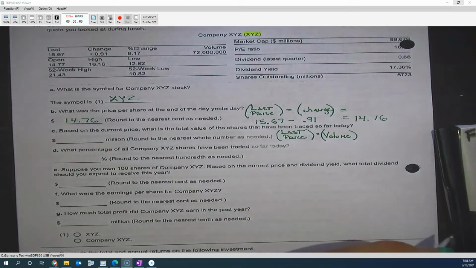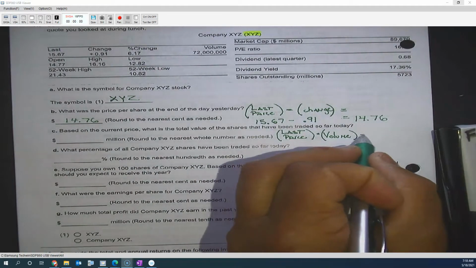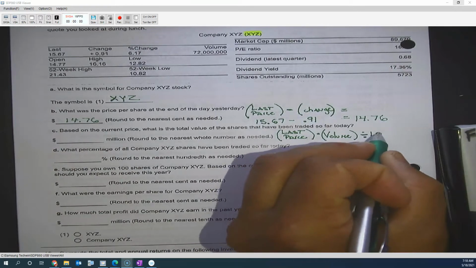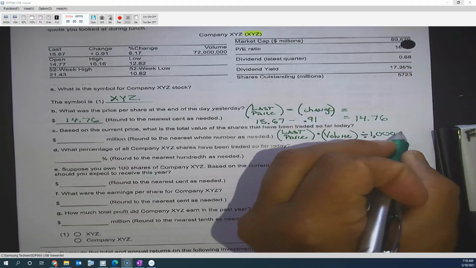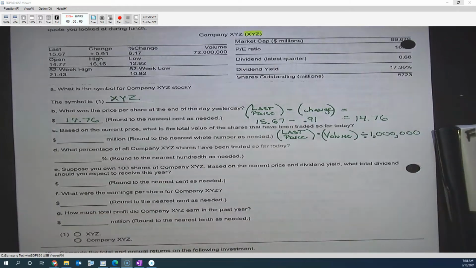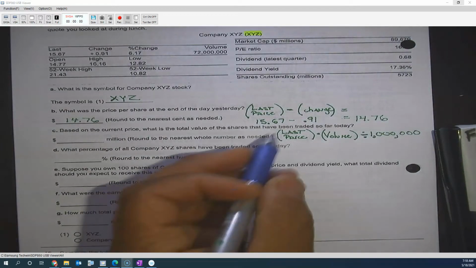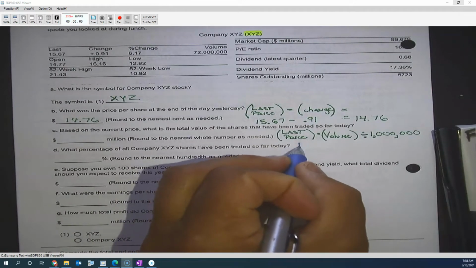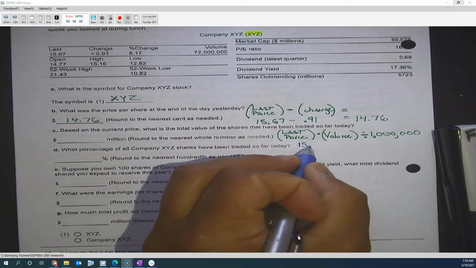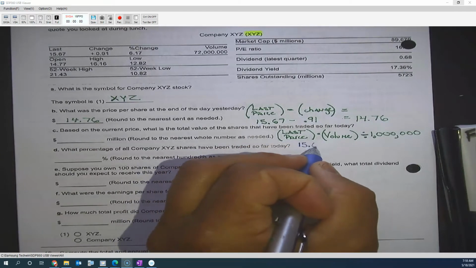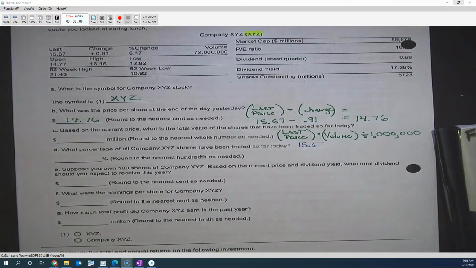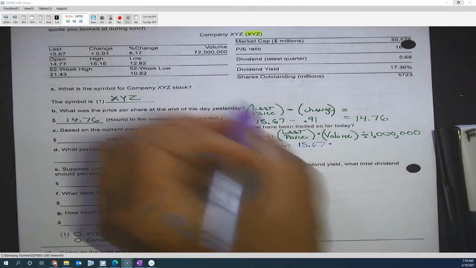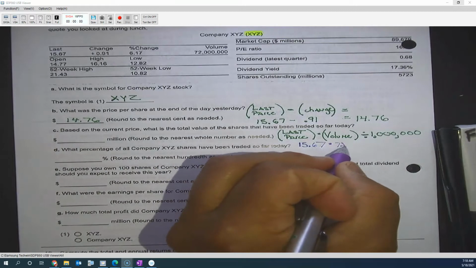Right, and then we're going to divide that by 1 million. Okay. So let's see, that's going to be 1567 times 72 million.